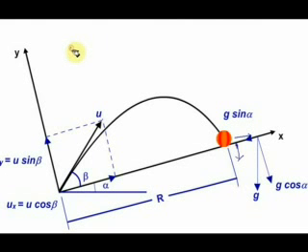Now the velocity along x direction can be given as ux plus at, where a is the acceleration along x direction and it is equal to minus g sin alpha. So the velocity along x direction at any given time t is given as ux, which is u cos beta, plus at, where a is minus g sin alpha.